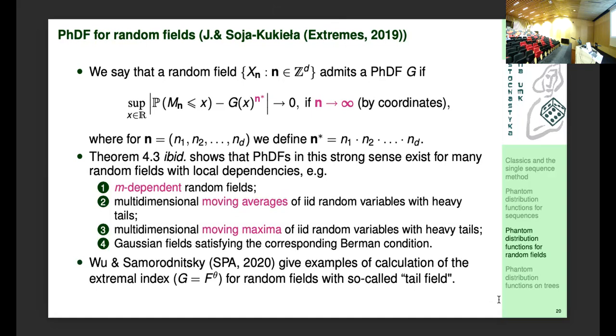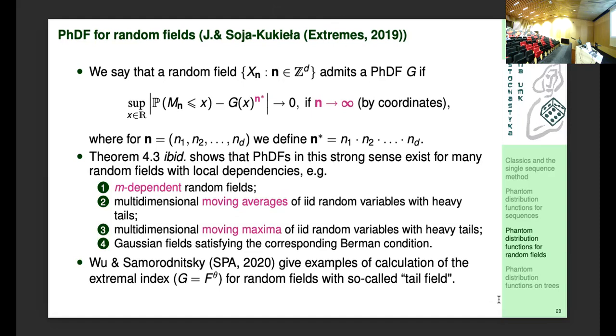Also, here one can mention a paper by Wu and Samorodnitsky. They considered random fields with the so-called tail field. There were elements of regular variation of processes mentioned in Gennady Samorodnitsky's talk.